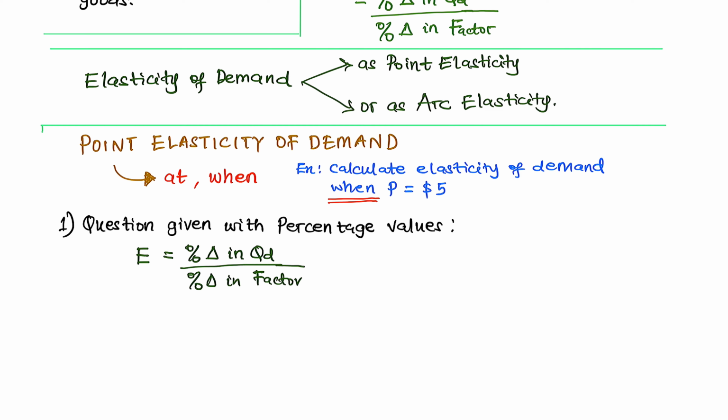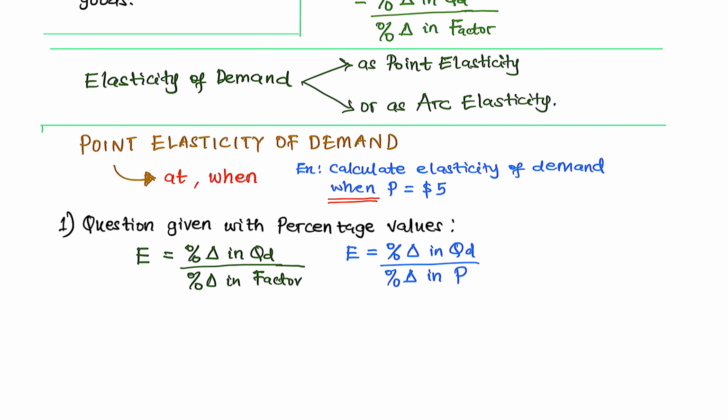For example, if the factor in the question is price, we simply replace the word factor with price. That means elasticity of demand equals percentage change in quantity demanded divided by percentage change in price.